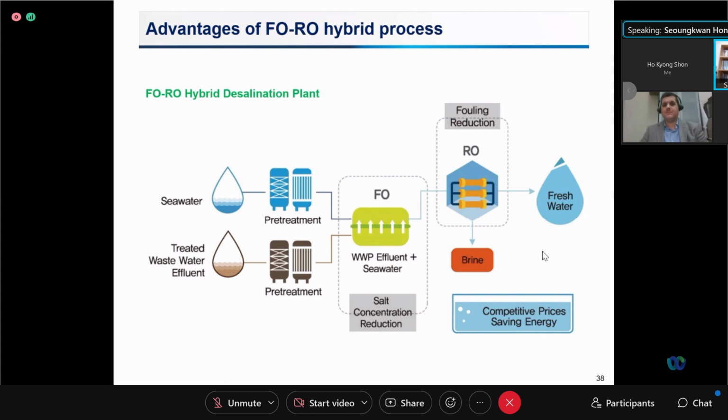In addition, the RO and FO hybrid system provides the opportunity for wastewater to be reused with less energy. In this hybrid process, wastewater is treated by the FO process using the osmotic pressure of seawater, reducing energy consumption for wastewater reuse.